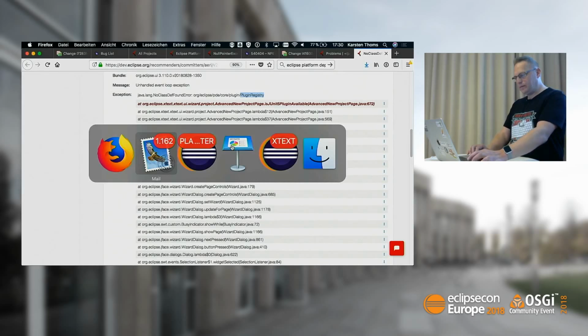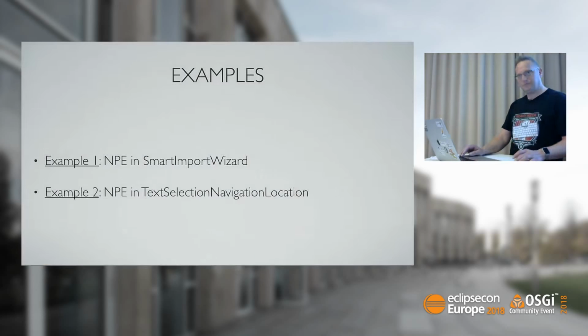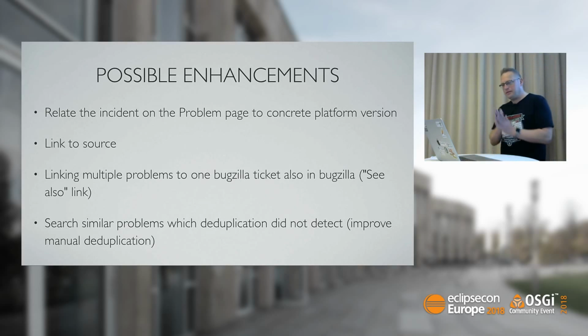Okay, I'm almost at the end. Five minutes, yeah, perfect. I see this tool is good, but of course there are some things that we could improve here. For example, for me it's very important to see the real version of the platform when I see the problem report.